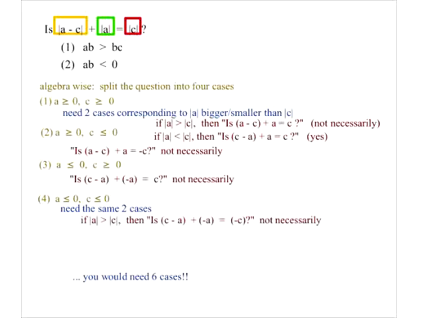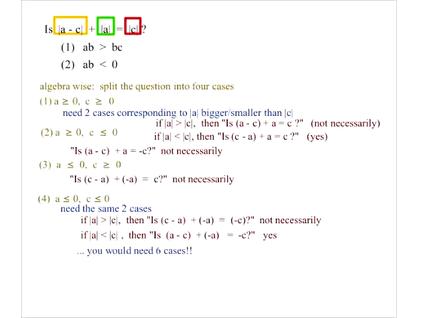And then if it's the other way around, then you get A minus C plus negative A equals negative C. And that's a yes. So, needless to say, this is not fun. I don't really want to get into explaining why these cases are what they are.